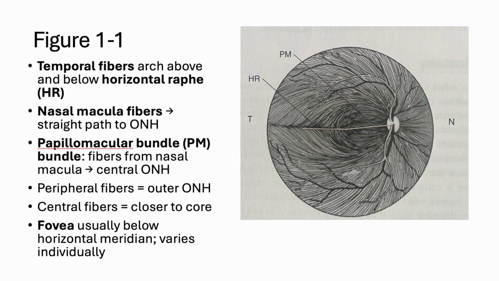The papillomacular bundle, which carries fibers from the nasal macula, enters the central part of the ONH. Peripheral fibers are positioned more externally, while central fibers lie closer to the core. Note that the fovea is usually situated just below the horizontal meridian, though its position can vary between individuals.